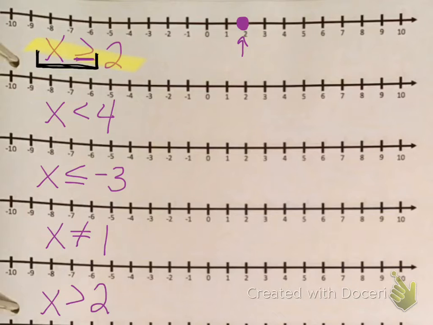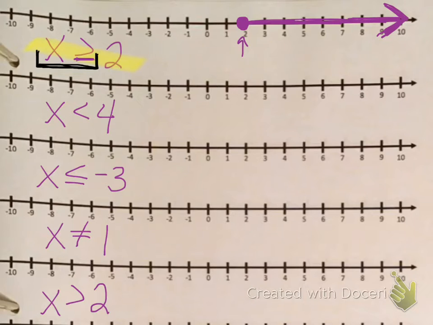You're going to shade an arrow towards everything greater than 2. And you can put an arrow at the end because it doesn't stop just because our number line stops. Every number that is greater than or equal to 2 is a solution to this inequality.